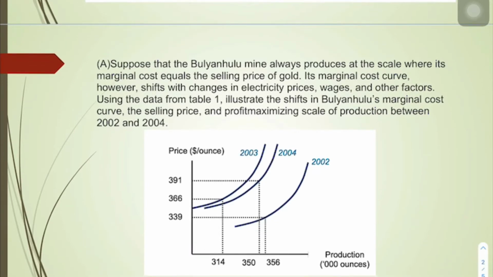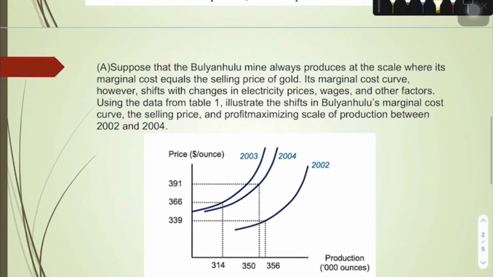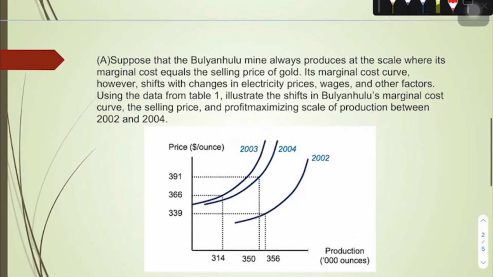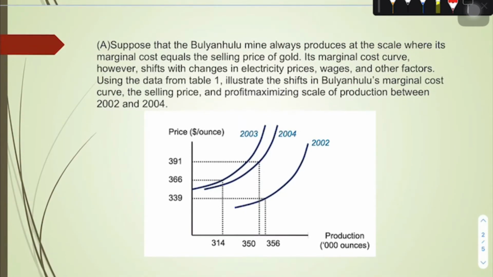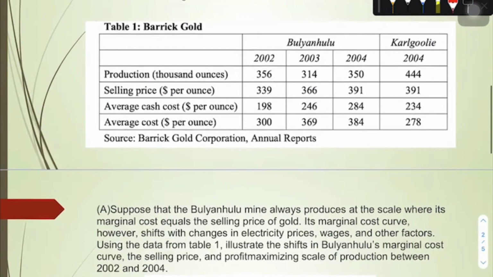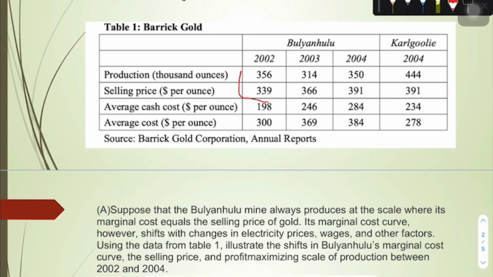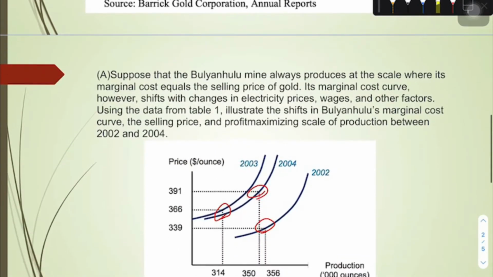Using the data from Table 1, illustrate the shift in Bulyanhulu's marginal cost curve, the selling price and profit maximizing scale of production between 2002 and 2004. As you can see, there are 3 curves, and these 3 points are determined by the selling price and production in Table 1, and there are 3 upward curves.